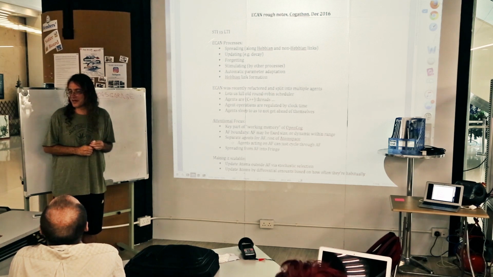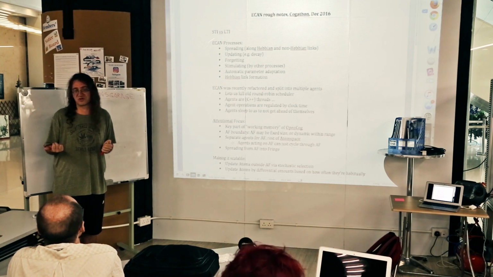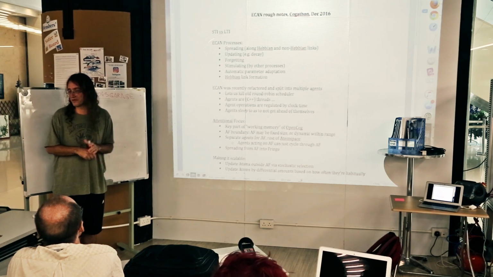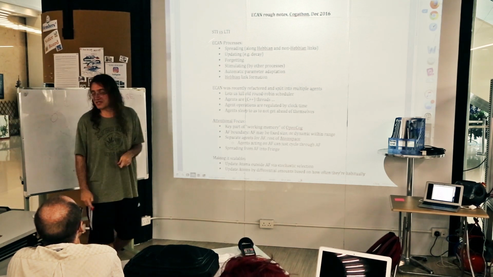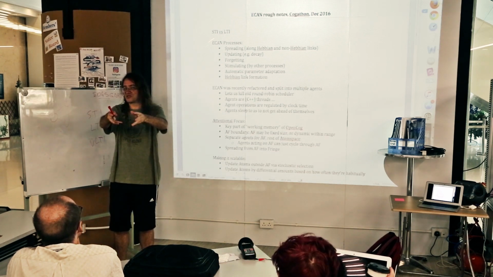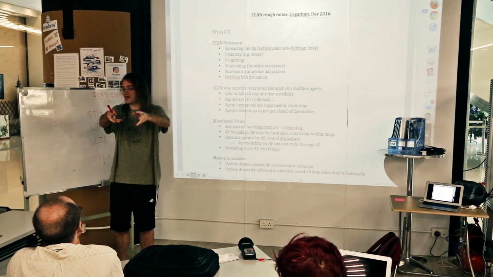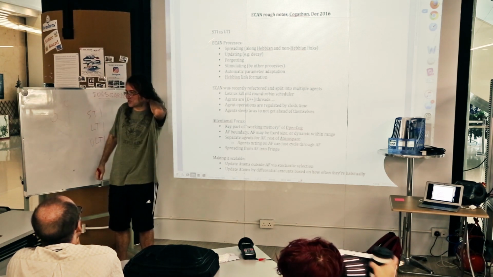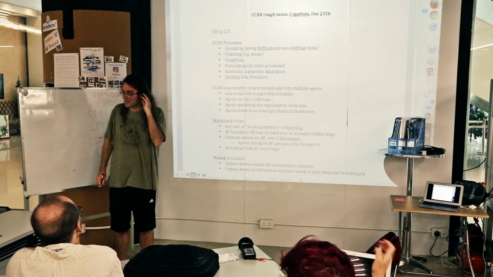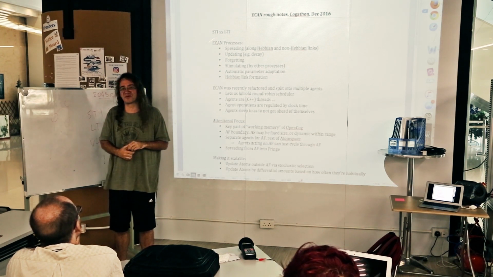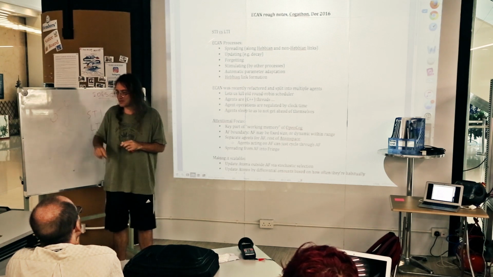The previous code that Joe wrote was nice as a prototype, but what the previous ECAN code did is it built a sparse matrix which was a mirror of the atom space, and then it did some matrix multiplication on that sparse matrix. So it built a whole matrix of the atom space and did some linear algebra on it, then put the results back into the atom space.